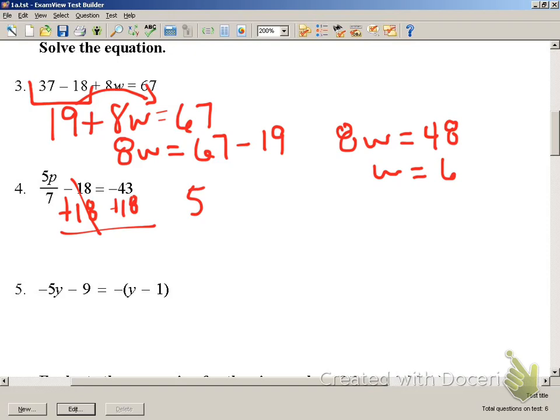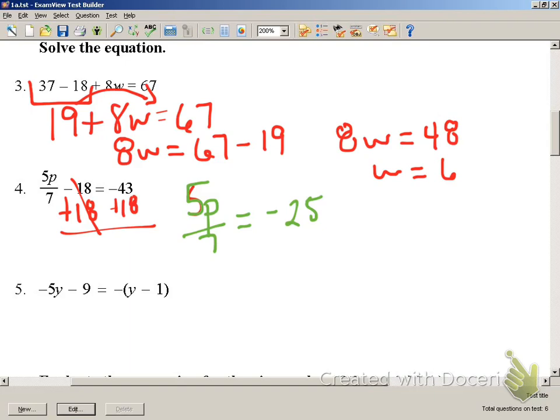So I have 5p over 7 is equal to a negative 43 plus 18. So I'm going to take the difference of those. So I'm essentially going to say 43 minus 18, which is a negative 25.